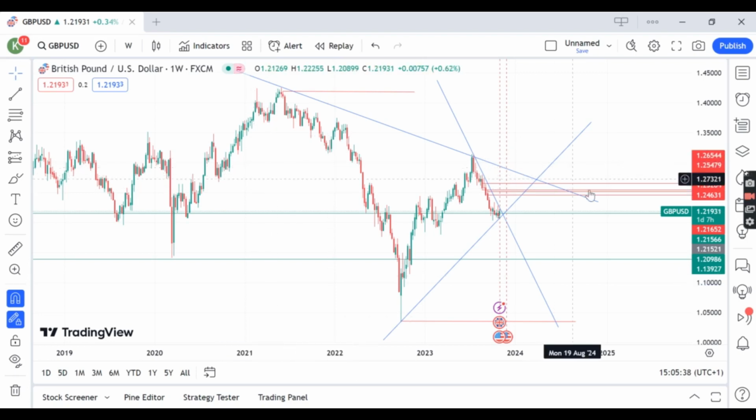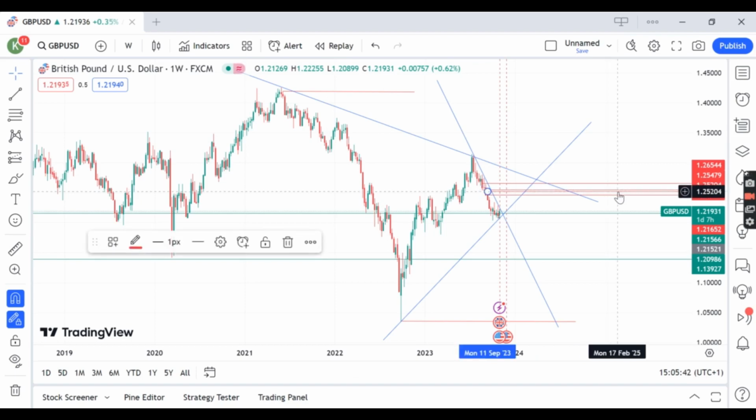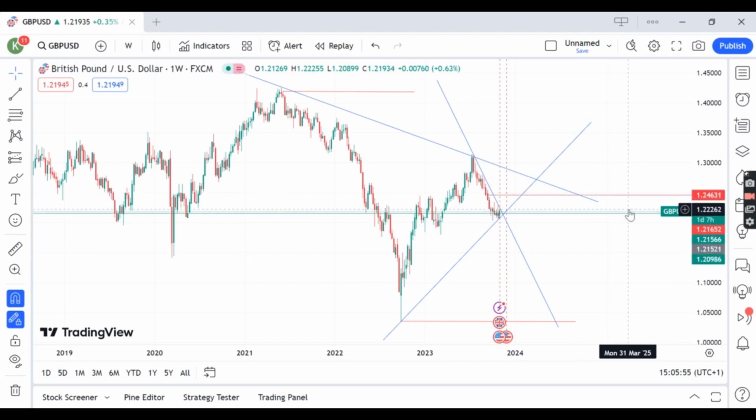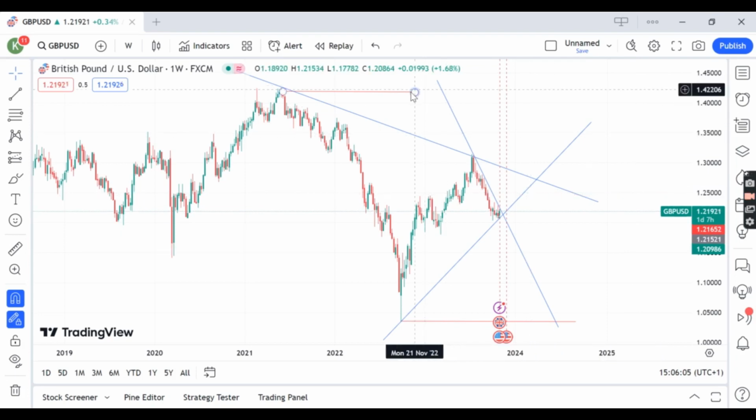We have some lines I used for previous videos, so I'm going to take them out as well so they do not interfere with my current analysis. I could have just said remove all drawings, but I just drew trend lines and I don't want to take them out. So pardon me for taking a little time in eradicating these lines.